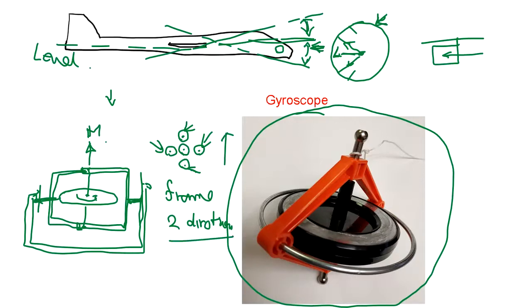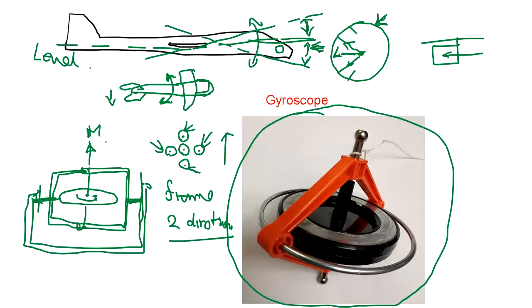So one direction is to detect the pitch, another direction is to detect the banking. They call it the banking. It's a right wing going up or left wing going down, or the other way around. Okay, so pitching and banking can be detected by a single gyroscope.